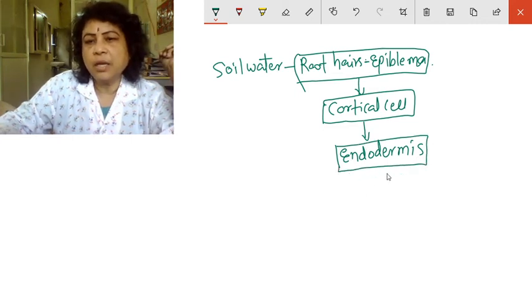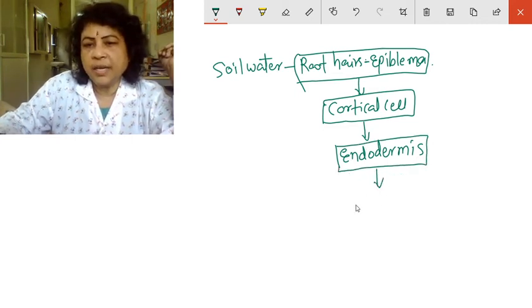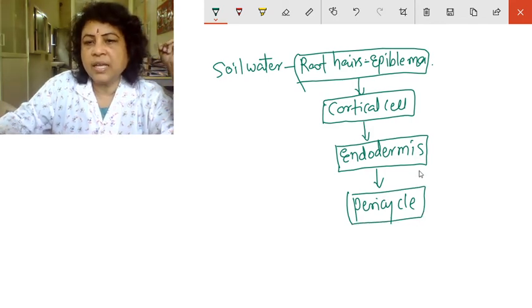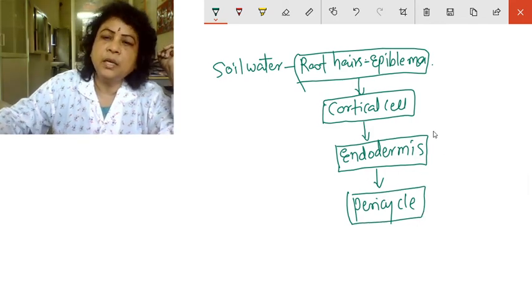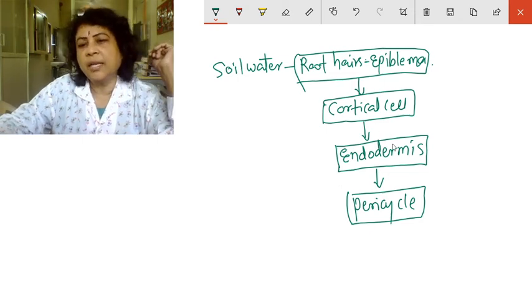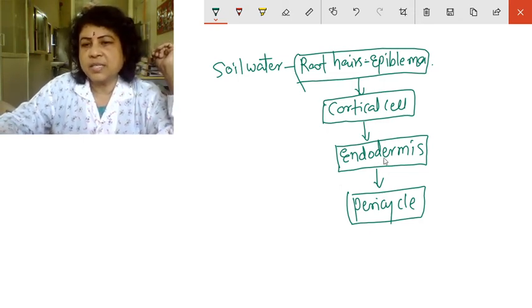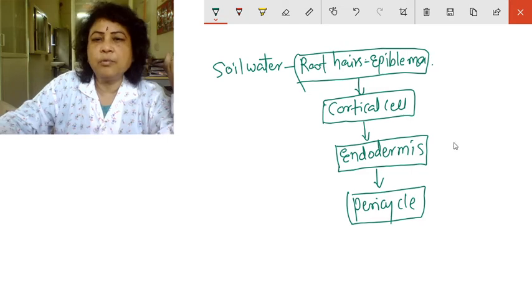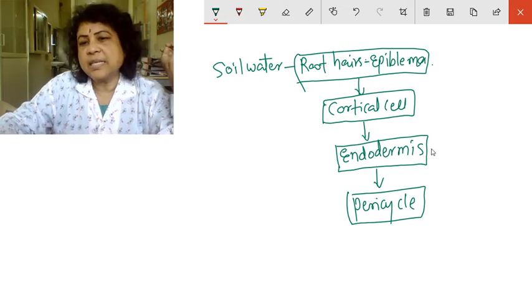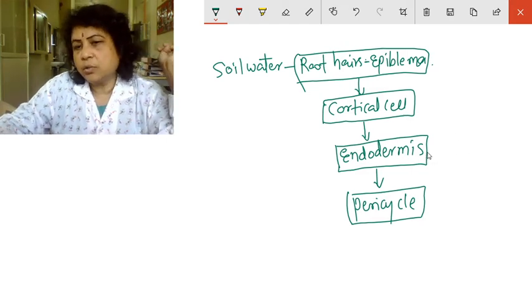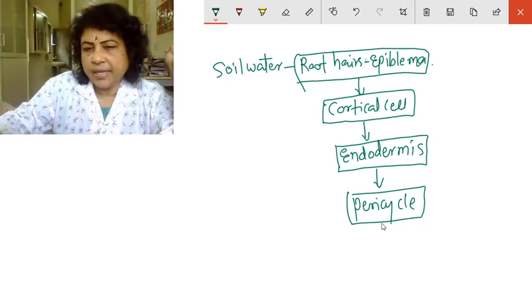In the endodermis, some cells are thick walled due to suberin or lignin, so there are the Casparian strips. Some cells are thin walled, and these are known as the passage cells. Through the passage cells of the endodermis, water enters into the pericycle.